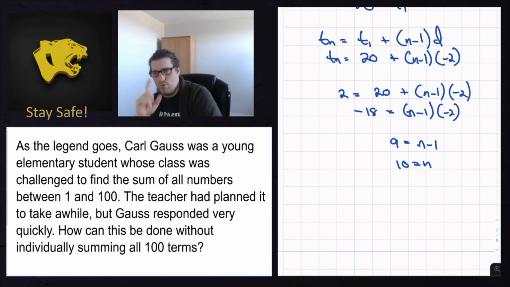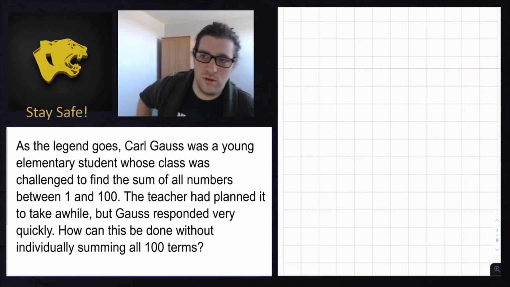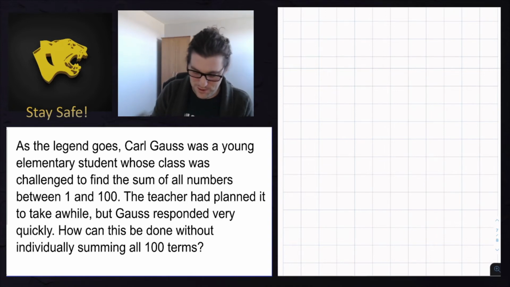So how can you sum 1 to 100 quickly, basically without summing 1 to 100, not all of the individual terms. So this is going to be a really cool, really subtly beautiful solution.